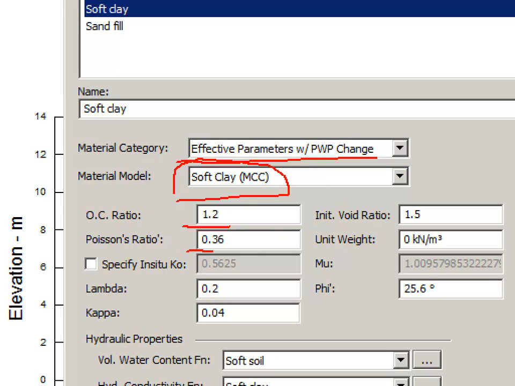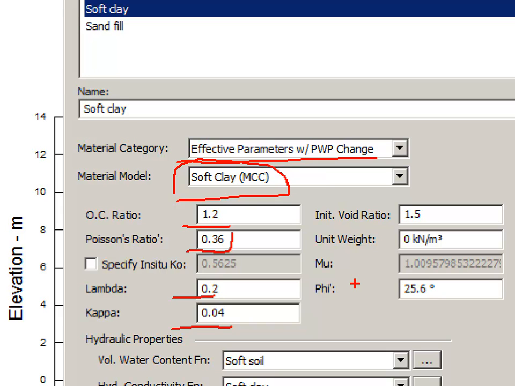Here is the same Poisson's ratio as we used for the in situ. The slope of the normal or virgin compression line is 0.2. The slope of the rebound curve is 0.04. The initial void ratio is 1.5, and we will not be applying the self-weight of the soft soil.